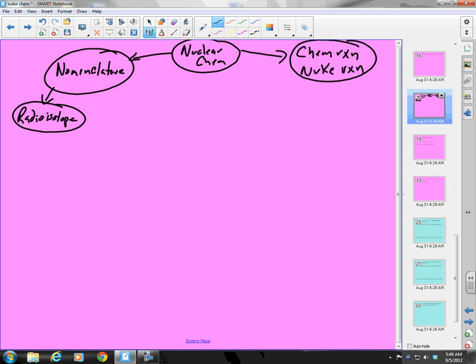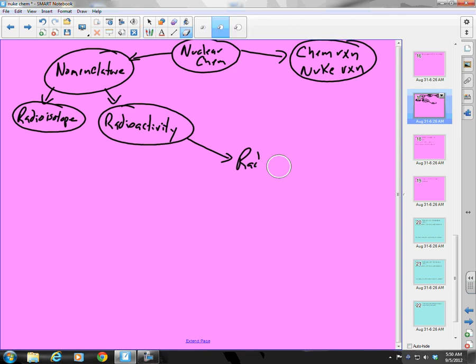And then we talked about radioactivity, and we said that radioactivity is the spontaneous disintegration of an unstable nucleus in which particles and or energy are emitted, right? And those particles and or energy is radiation, right?